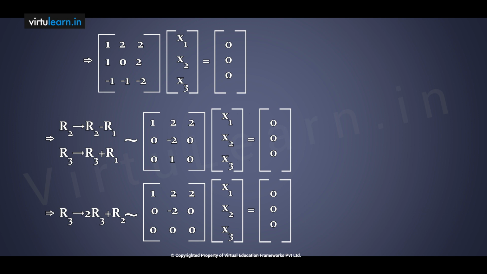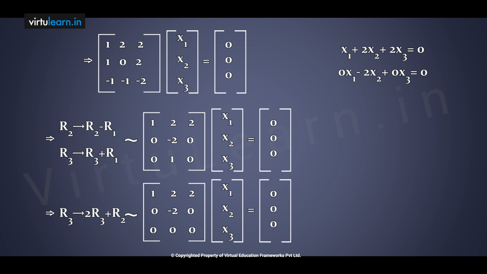Now you multiply this system, first two matrices. First row, first column: x1 plus 2x2 plus 2x3 equal to 0. Then 0 into x1, 0, 0 anyhow, I am writing here 0 x1 minus 2x2 plus 0 x3. Now the third row, all elements are zeros, no need to multiply, anyhow it becomes 0.